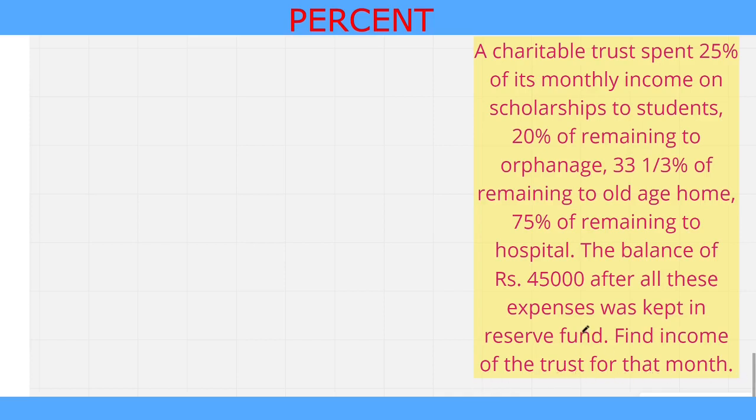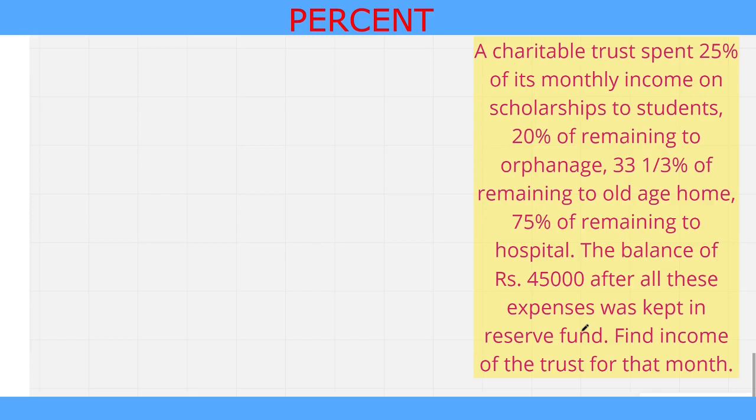Here the remaining is important, and after each expense we have to calculate the next percentage of expenditure on the remaining amount, and we have to reach finally how much percent is left, and that percent has to be equated with 45,000, and then we can calculate the income of the trust for that month.